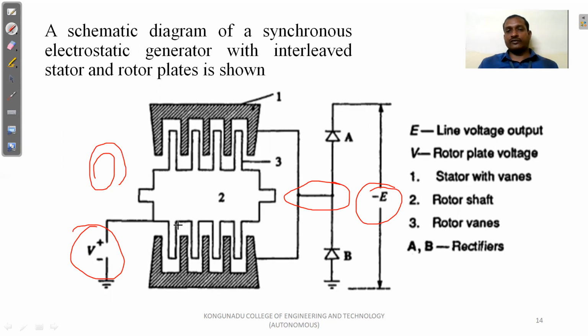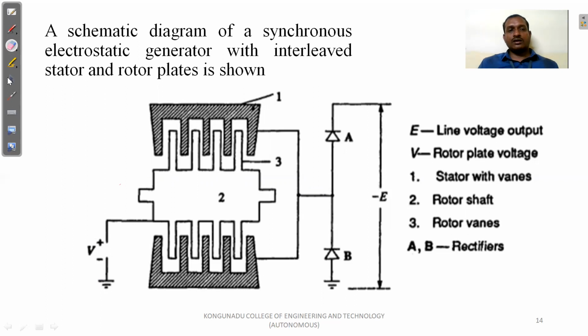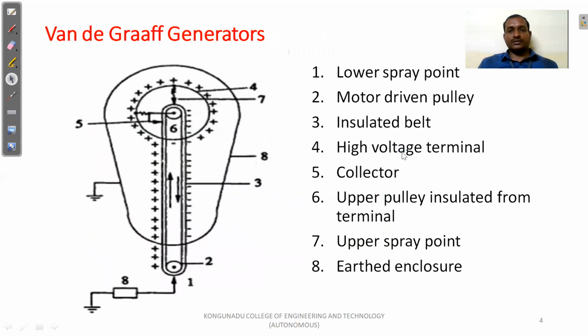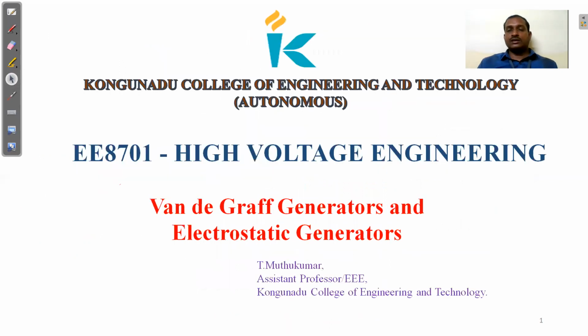This causes a current flow in the generator. This is the working principle of the electrostatic generator. In this lecture, I discussed two important high voltage DC generators: one is the Van de Graaff generator, and the other is the electrostatic generator. Thank you.